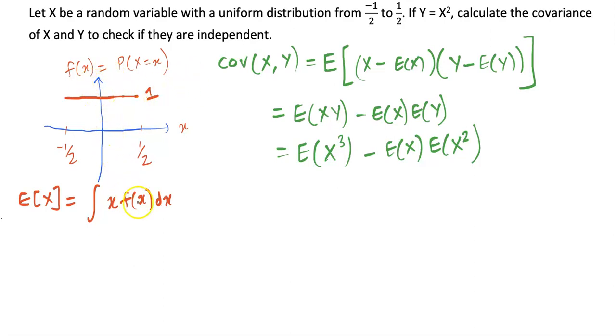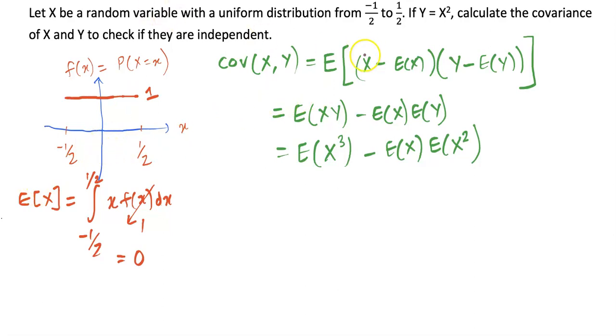And luckily f of x is just 1, which makes the math very easy, and x varies from -half to half. Because x is an odd function, this integral is going to evaluate to 0. And we could have said that just by looking at the distribution, in that it's symmetrical about the y-axis. So the average value is going to be the midpoint, which is 0.